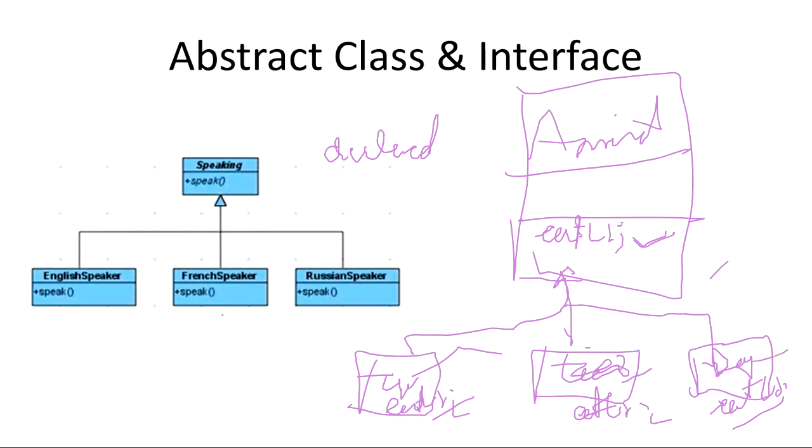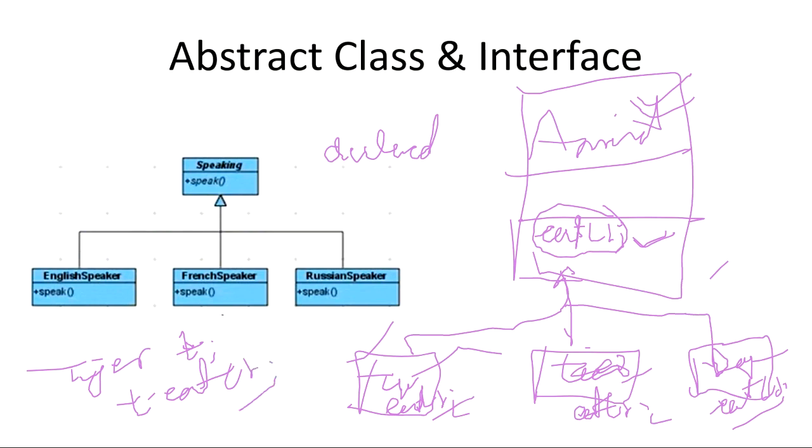So if I want to call this eat function, I will not make the object of class animal. I will make the object of class tiger, the tiger object is t, and with the help of this t, I will call the function eat. Similarly, for the lion, I will make the lion object and call eat. Similarly, for the dog class, I will make the object and call the function. Means you have only declared eat in the animal class, but you have not defined anything inside this animal class regarding how it works.